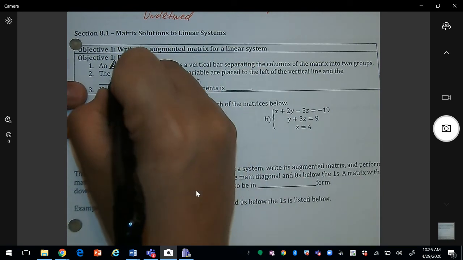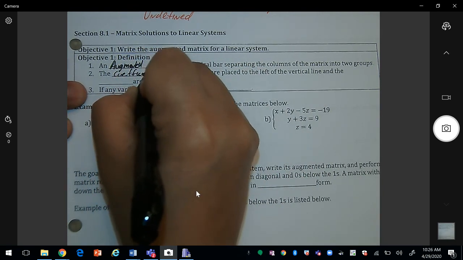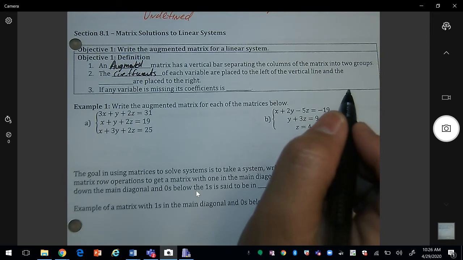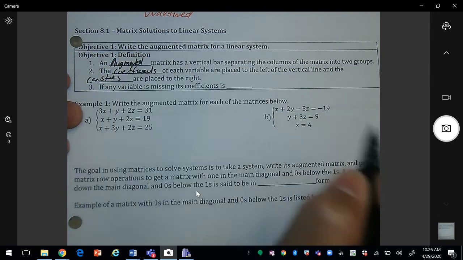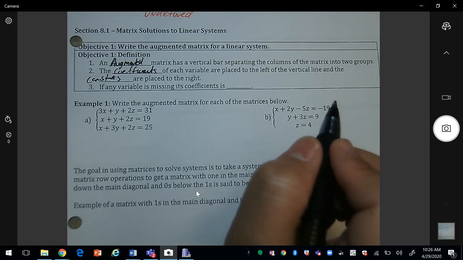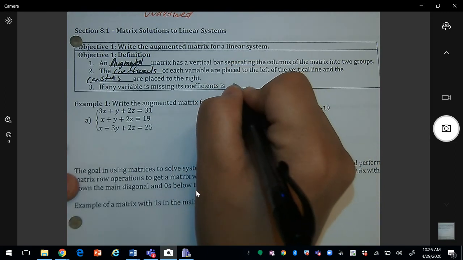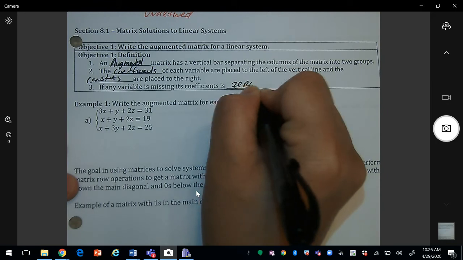The coefficients of each variable are placed to the left of the vertical line, and the constants are placed to the right. If any variable is missing its coefficient, then we use 0.